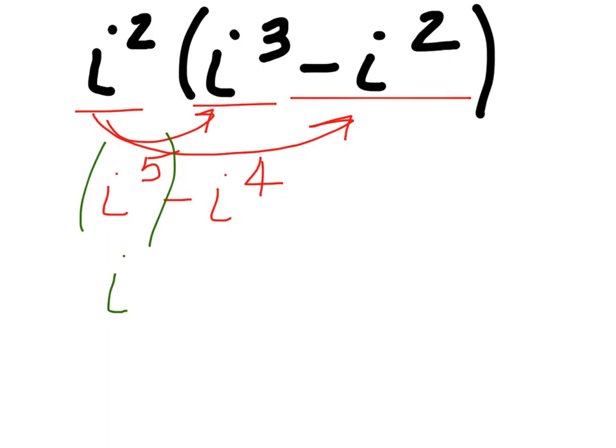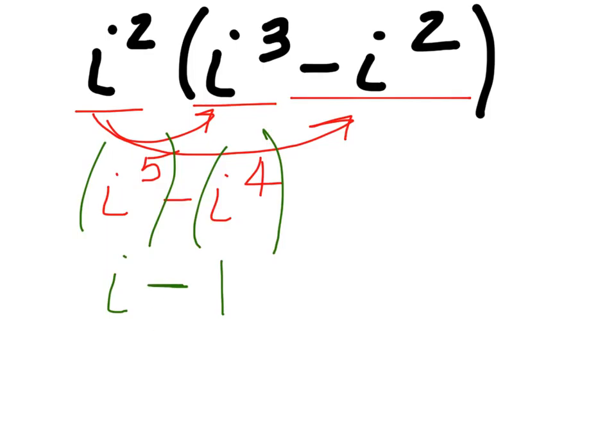And we know that any multiple of 4 in the exponent is going to give us a positive 1. Don't forget that minus sign was already there. So i to the fourth is indeed 1. That doesn't mean that i to the fourth became negative 1. It means it's positive 1, and we already had the minus sign there.